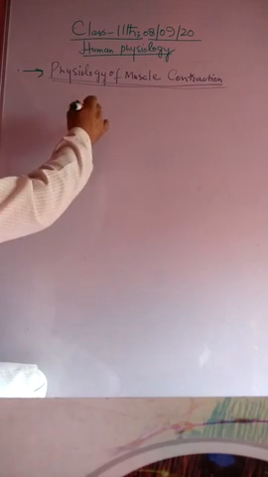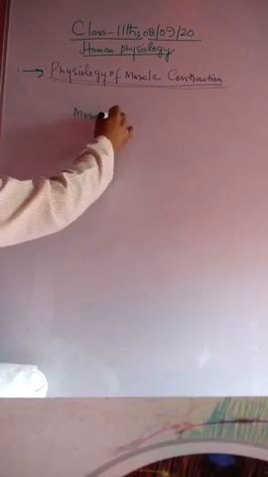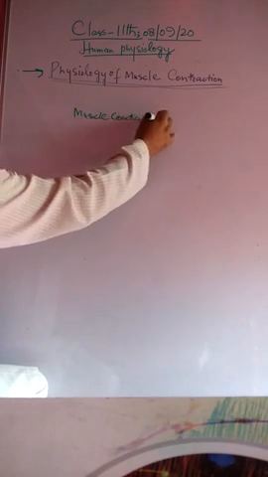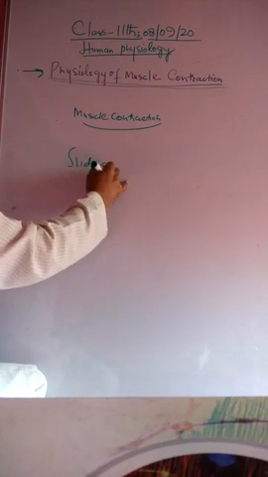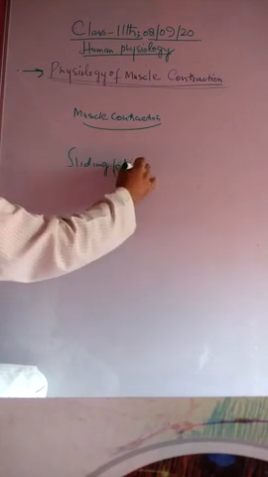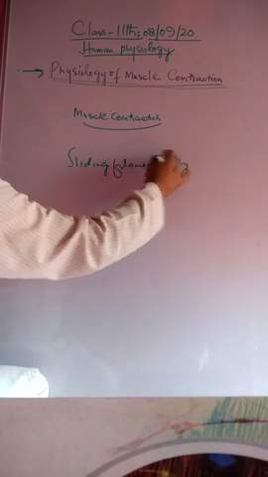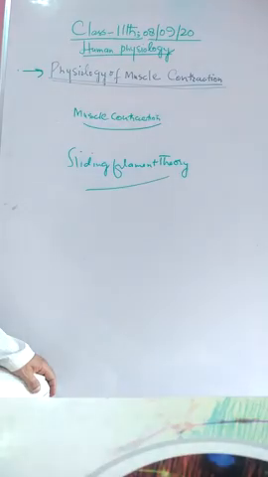There is a theory for muscle contraction that is called the sliding filament theory. This theory has been put forth for the understanding of the mechanism of muscle contraction.